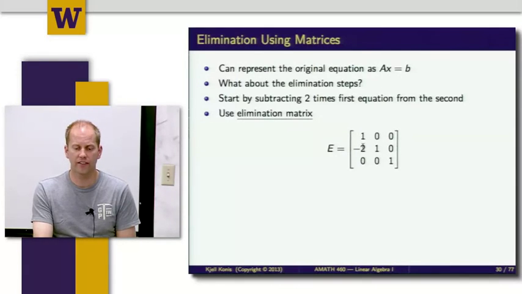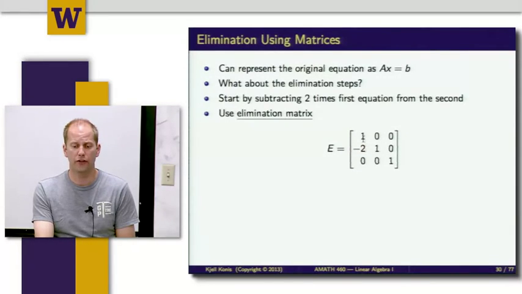This looks a lot like the identity matrix. It's zeros almost everywhere except for the main diagonal, which is equal to 1. So if this -2 here were a 0, then I would just have the identity matrix.